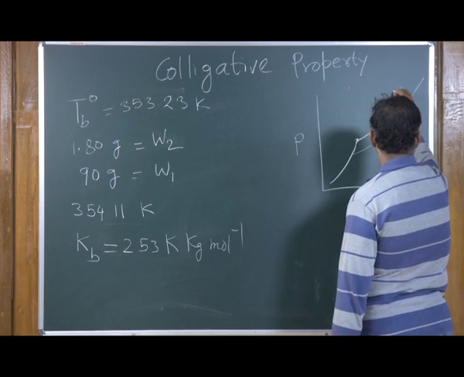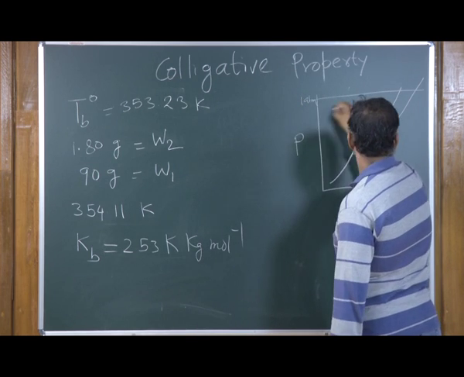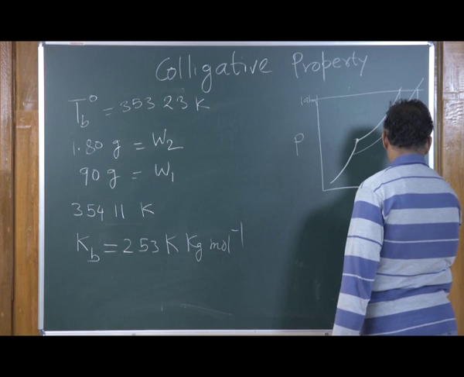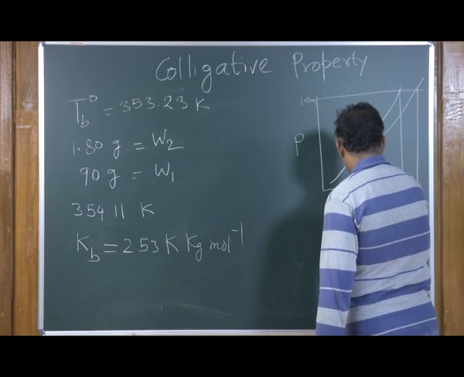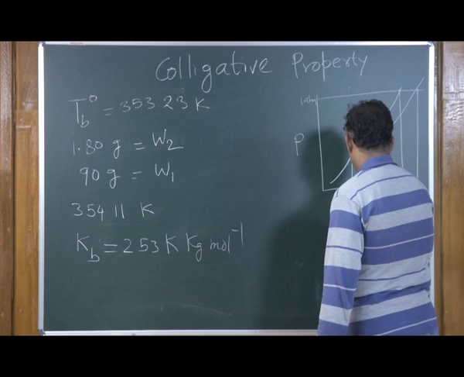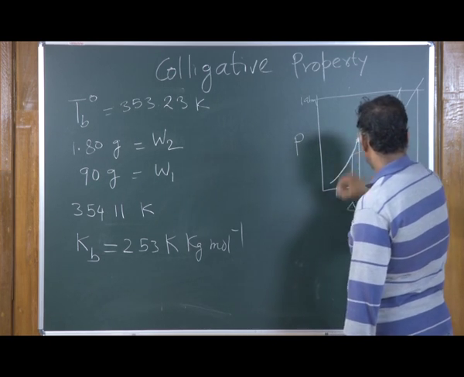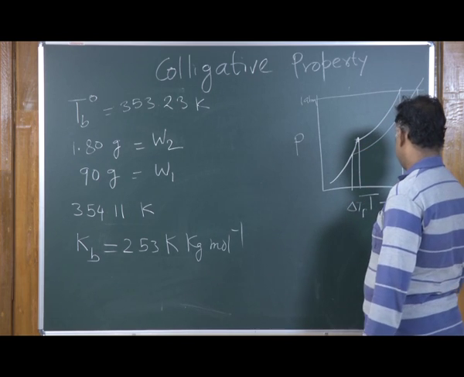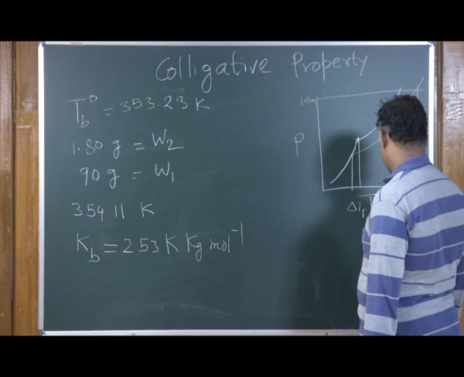So, initially this was the 1 atm line. So, this was the boiling, this is the change in the boiling point, and the same way we are going to have a change in freezing point. So, this was the normal freezing point, and this one is the freezing point of the solution.